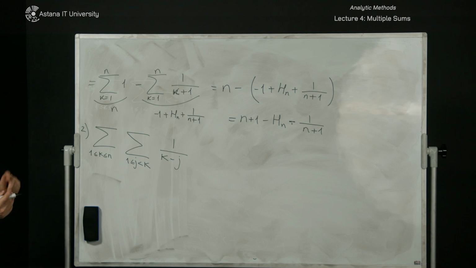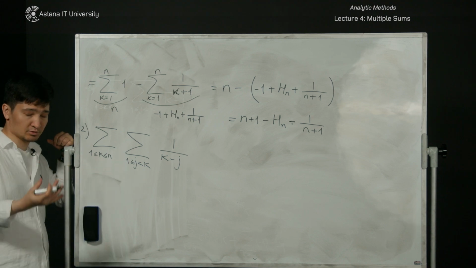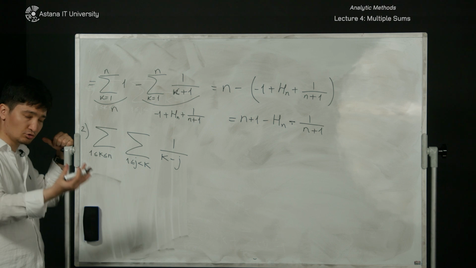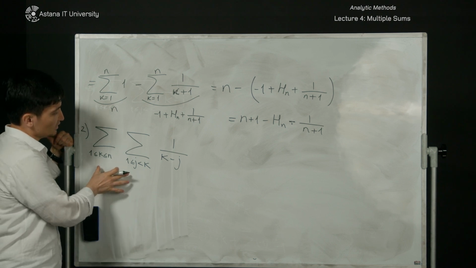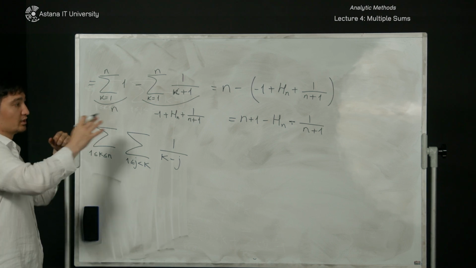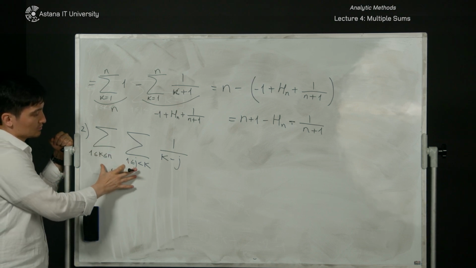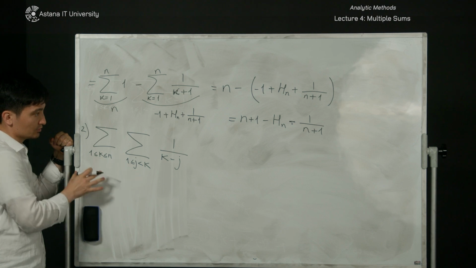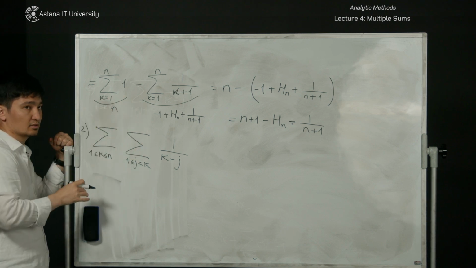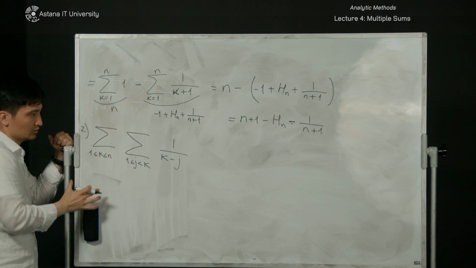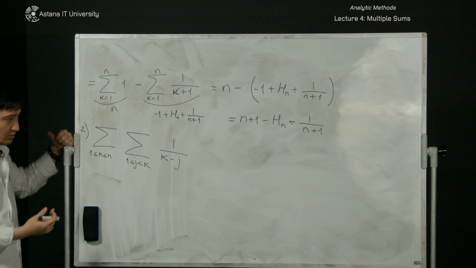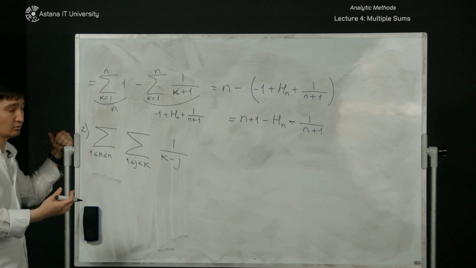But the indexes are given in terms of inequality. So you should be able to go back from this kind of sum to the standard format like this, and from this one to this one. So they are interchangeable, and you should be able to do it easily.